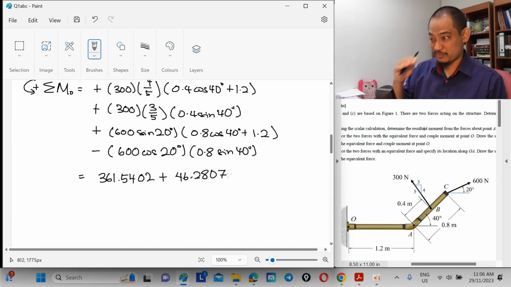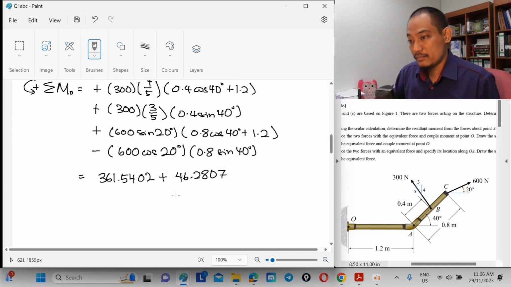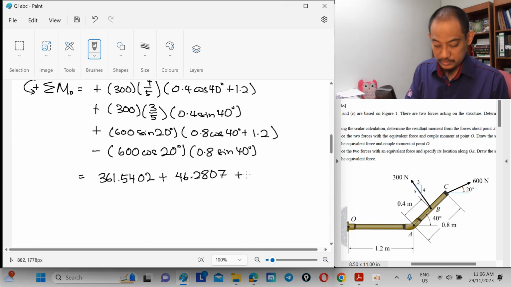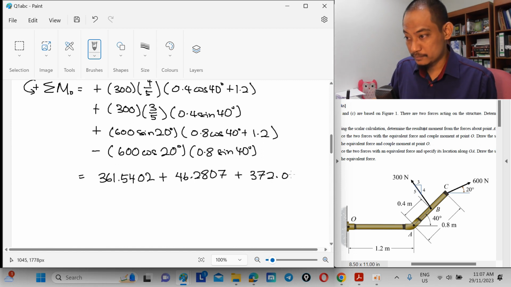Okay, this one is the same as before about E, right? Because it doesn't change. Okay, plus 600 times sine 20 times 0.8 times cos 40 plus 1.2, 372.0158.